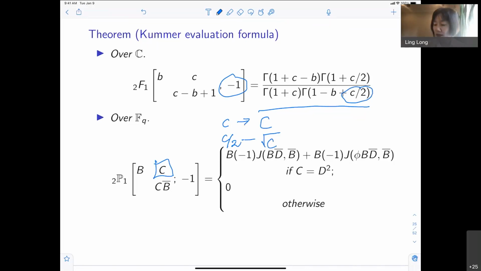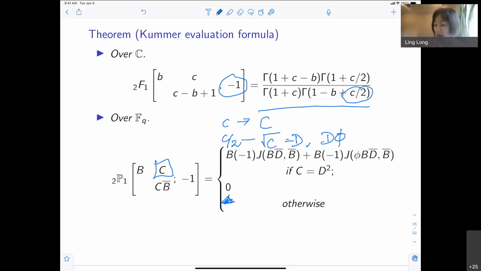however, this will mean I do have two choices. That means it will be either D or D times the quadratic character. So if we go directly from the analog for comparing, making rational numbers into characters, then C over 2 will give you a priori two choices. And in the case when I cannot take the square root, that means C is not a square, the value here will be 0.